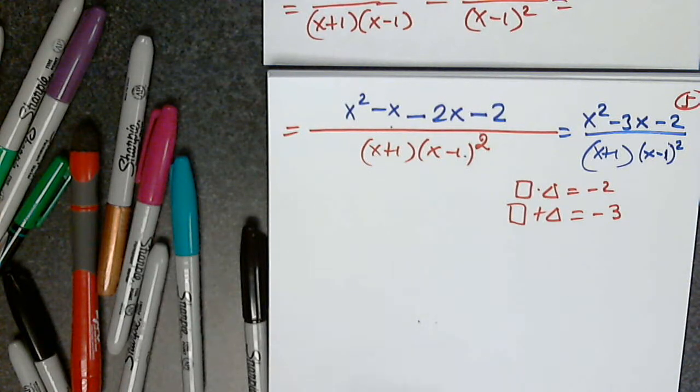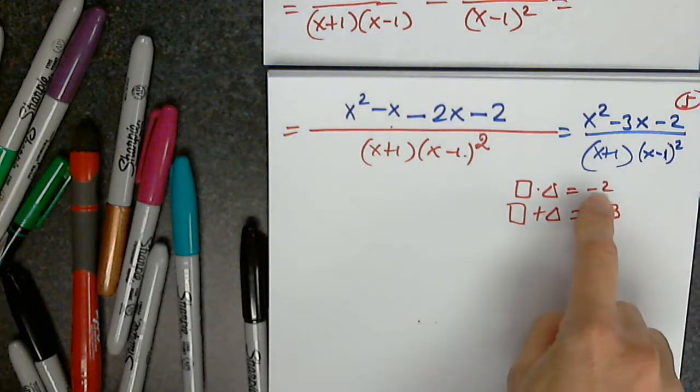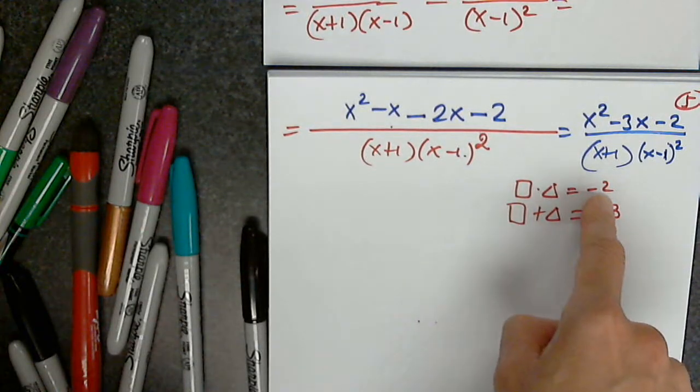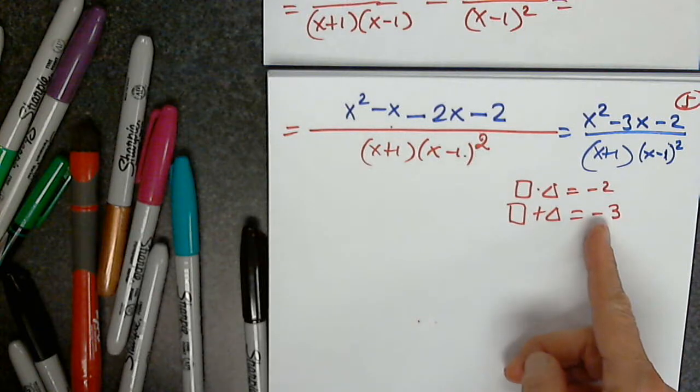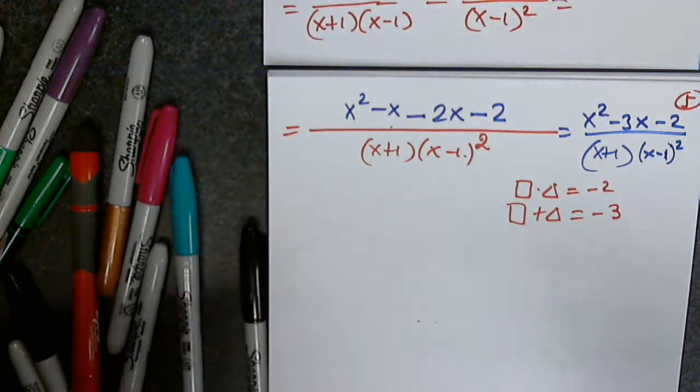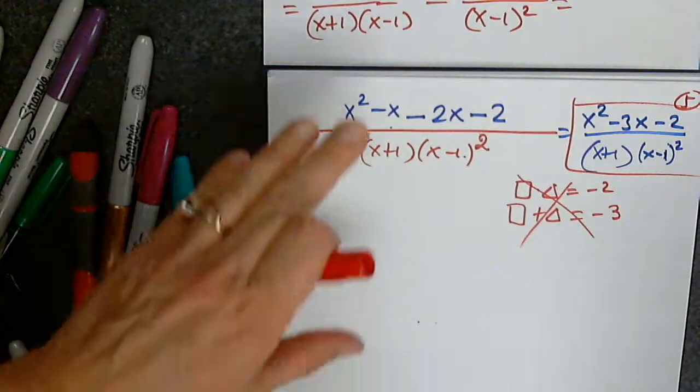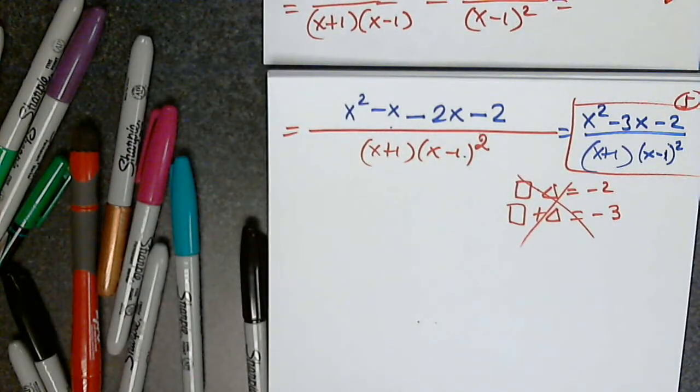So since the product is negative, I need a positive and a negative to get negative 2, which will only be negative 2 and 1. But negative 2 plus 1 is not negative 3. So there is nothing I can do. This is it, with the written restrictions. Any questions? Okay, do I choose another or you choose?